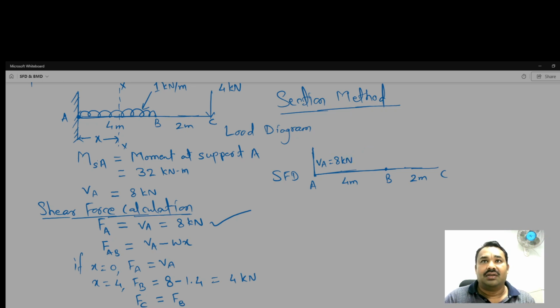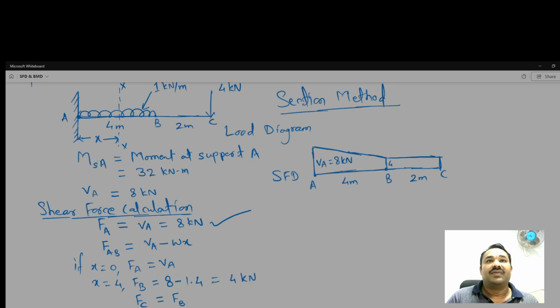And here it is 4 kilonewton. So the linear relation is there, that's why the varying profile we will get here, and from B to C it is constant. So this already we know in the previous video. Already I have discussed, I have detailed more, so I'm not going to detail much more about this.